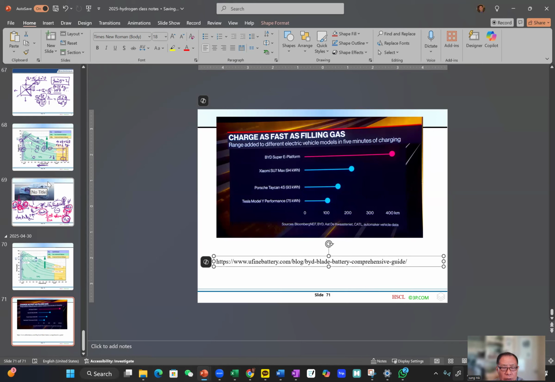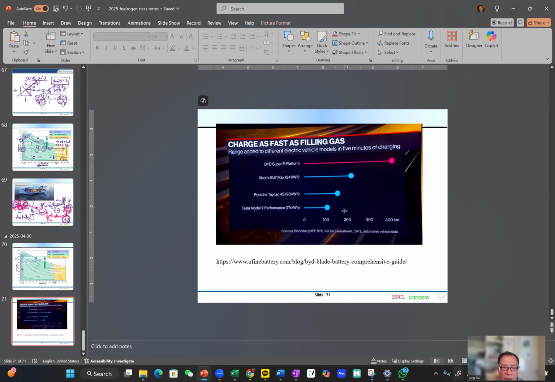Now, even the battery has overcome this technological barrier. Anyhow, let's move on to our next topic. But it's important to understand both the lithium-ion battery and also, along with this, the hydrogen tank.